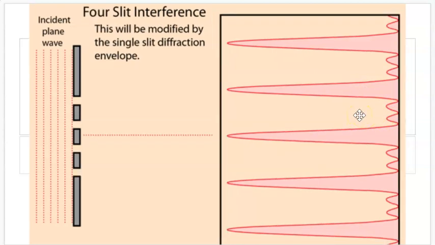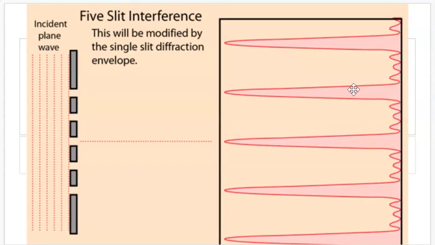When we look at 4 openings, we see 2 bumps, and the bright spots are really bright, with a long area of destructive interference before the next one. So the fringes aren't merging into each other anymore; they're distinct, bright fringes.